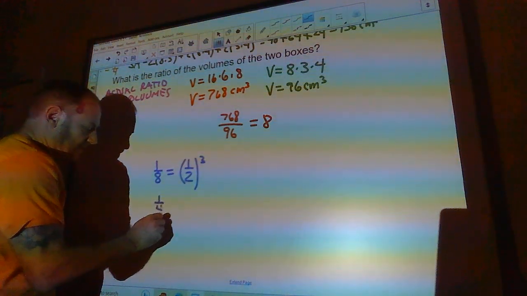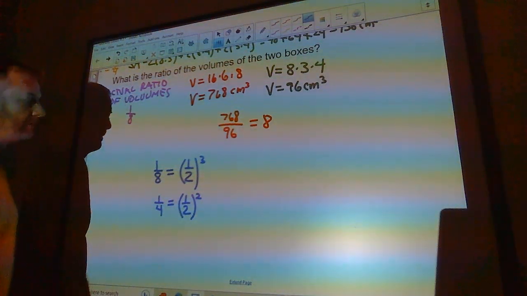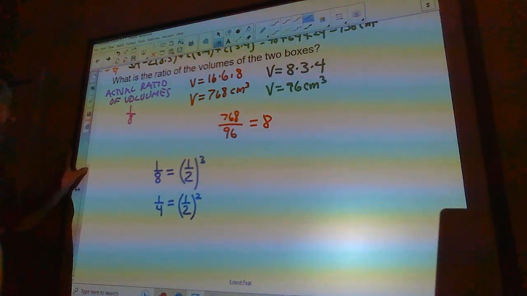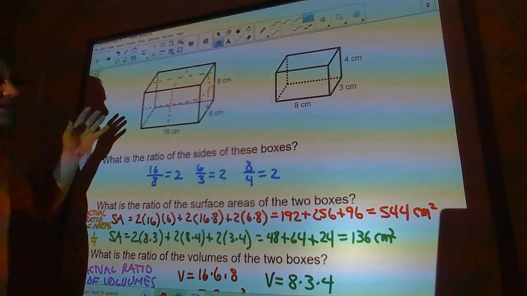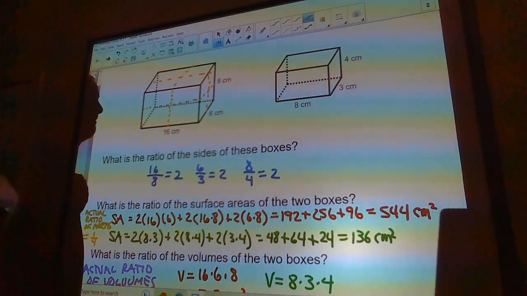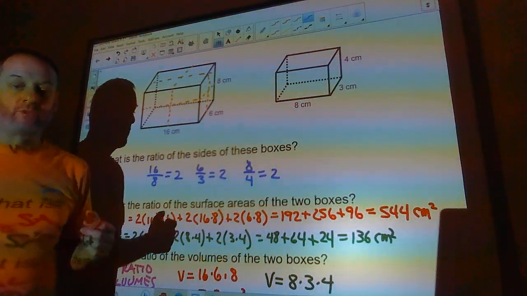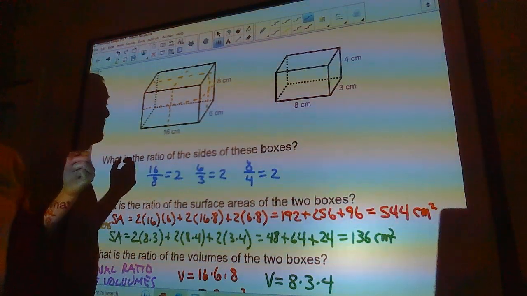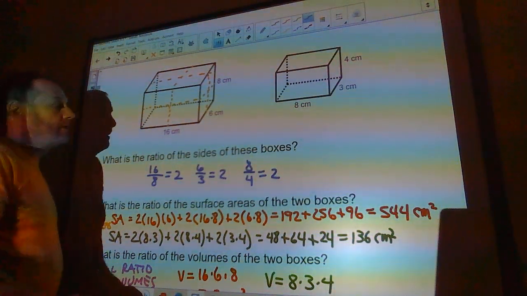And 1/4 is 1/2 squared. So we get this theorem that says if I do a size change of value k on an item, then the area will change by k squared and the volume will change by k cubed.